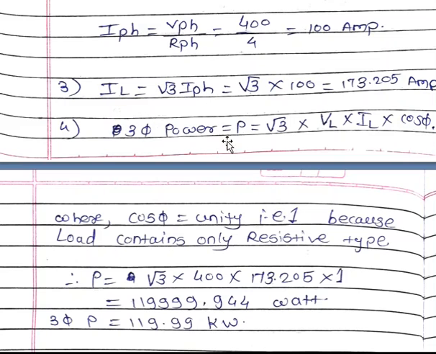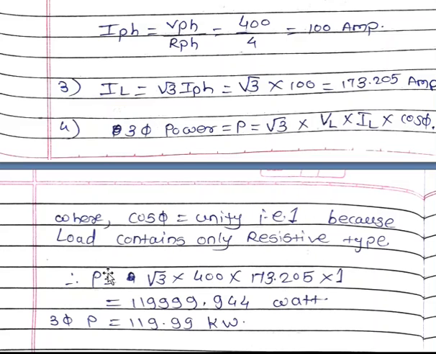Now we calculate the 3 phase active power, or power consumed. The formula for P is equal to root 3 into VL into IL into cos phi. The value of cos phi is equal to unity because the 3 phase balanced load contains only a resistive type of load, and the phase angle of a resistive element is 0 degree, and cos phi is unity, that is 1.